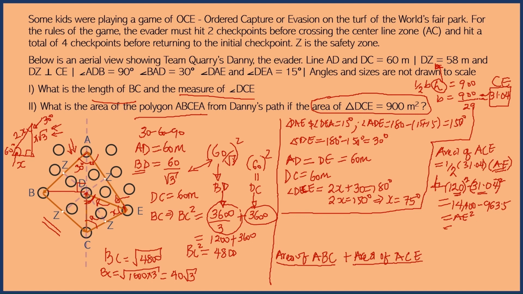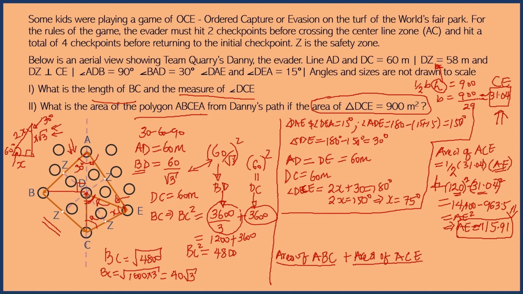AE squared. So now I'm finding this. You see that AE comes out to be 115.91 approximately. Okay, so now keep that in mind. AE right here, and we have CE right here.